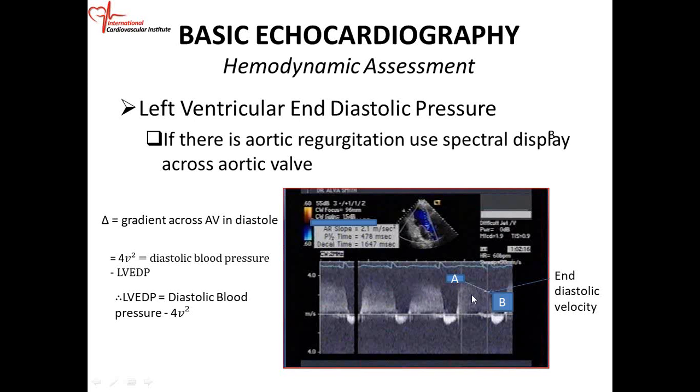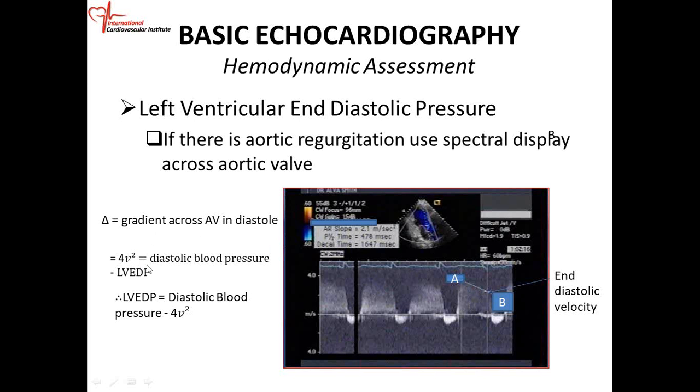Again, diastole is from the end of the T wave to the QRS, so you get a diastolic envelope, and it slopes downward, and this is your end diastolic velocity. So the gradient across the aortic valve is equal to 4V squared.